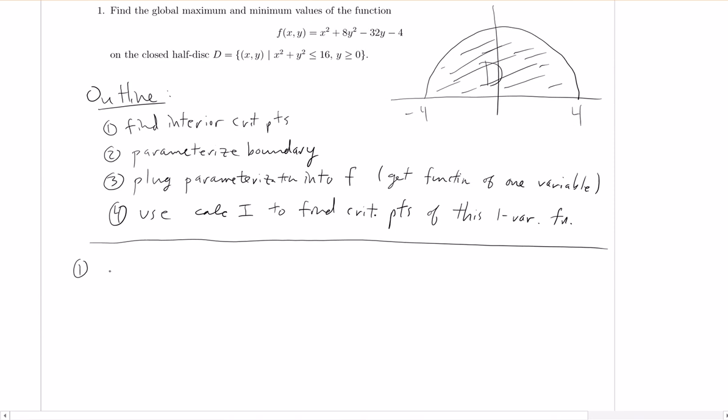Step 1, to find critical points, we need the gradient vector. So we just take partial derivatives. The x derivative is just 2x, and the y derivative is 16y minus 32, which we can factor out a 2 and write it like this.